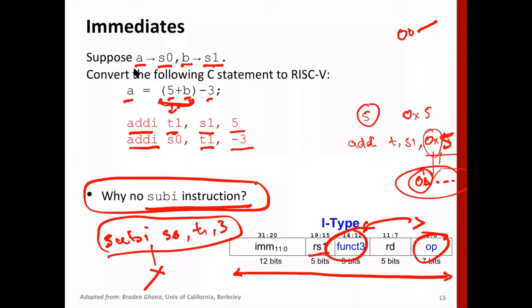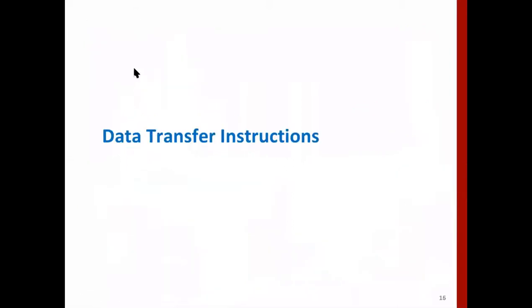Then source operand register 1, this is the second source, which is the immediate field, and this is the destination register. The operand field here is 12 bits, and this is sign extended. All right, any question?